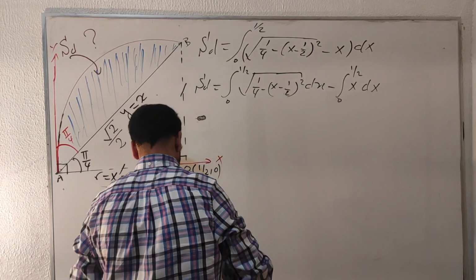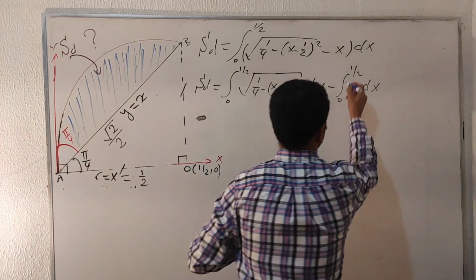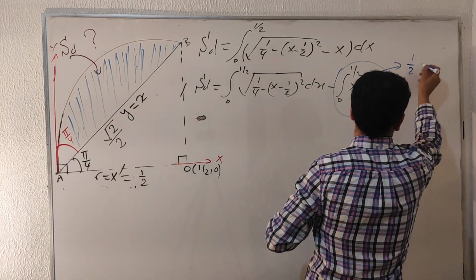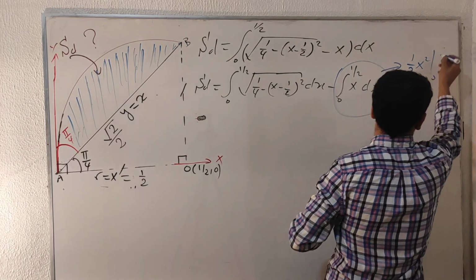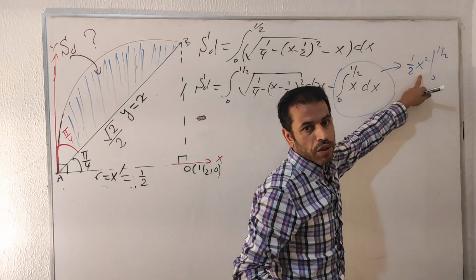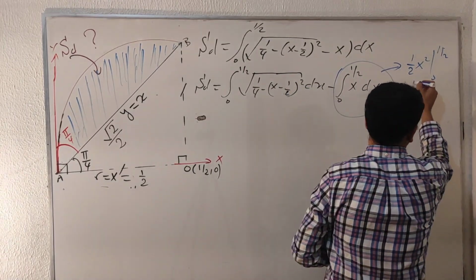This second one clearly gives us 1 over 2 x squared evaluated from 0 to half. Calculating this gives us 1 over 4 multiplied by half, which is 1 over 8.